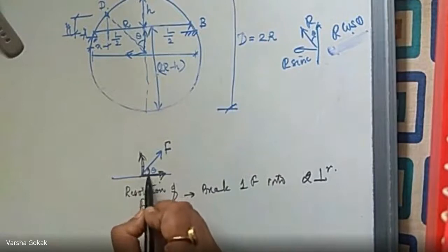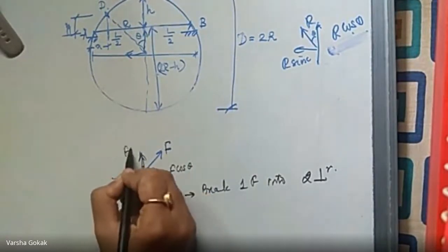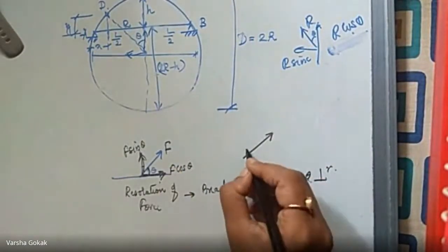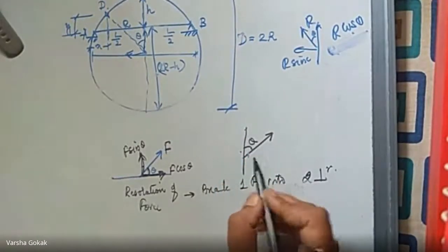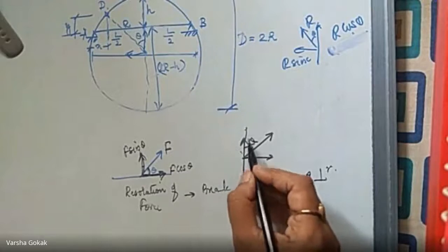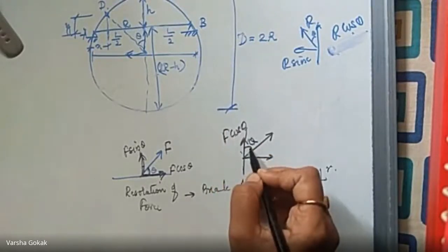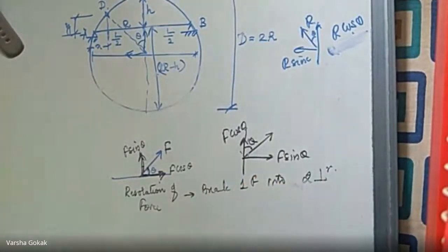Wherever the theta is, there the cos goes: F cos theta, F sin theta. If the same force F is given with theta from the vertical, now I will break the force this way, so theta is with the y-axis, so I'll have F cos theta. Cos goes wherever the theta is, and this becomes F sin theta.